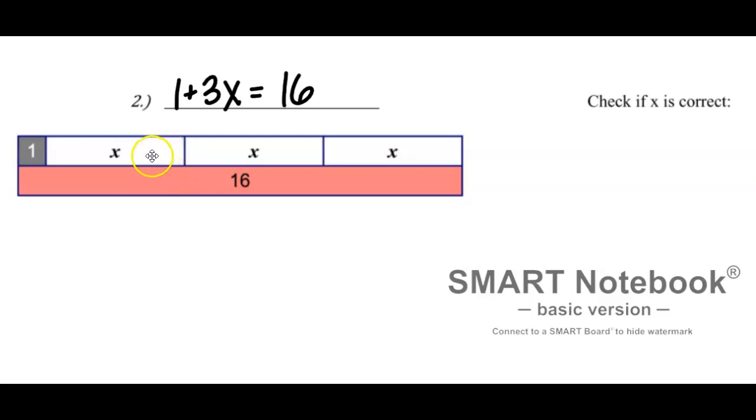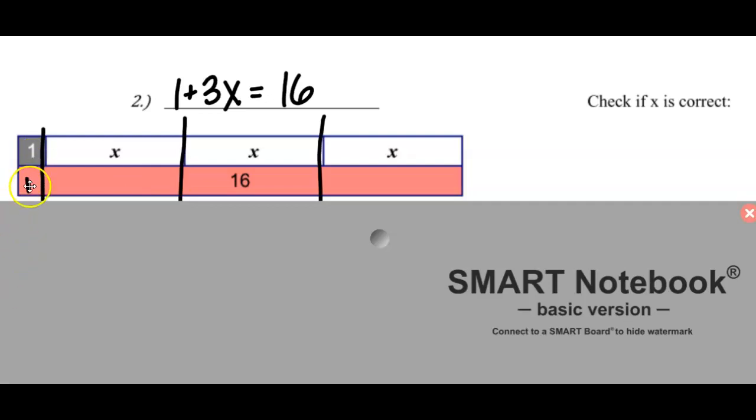Okay, so now that we know that, we need to figure out how much each of these x's are equal to. So how big is this space, the white space here, if the whole thing is 16? Well, we can take this 1 off. And when we take that 1 off, we have 3 chunks. And those 3 chunks would be equal to how much?